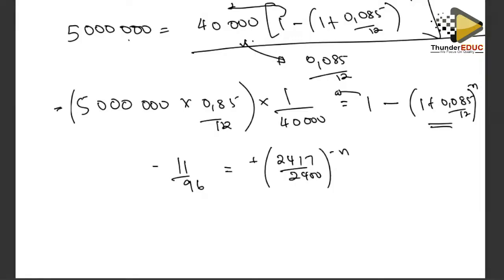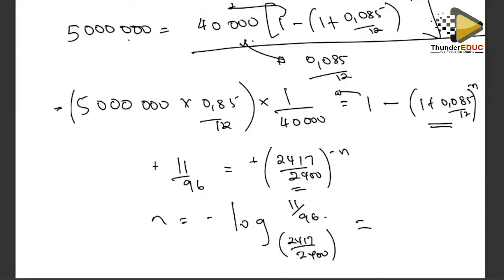So the negative and negative become positive, and then let's use logs. Meaning that our n is going to be the negative log, with this as the base, 2417 over 2400, and this as the exponent, 11 over 96. When you simplify that, we get 306.93, rounded off to 2 decimals.